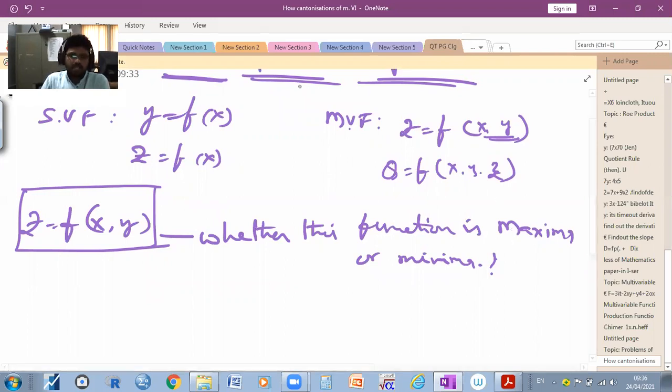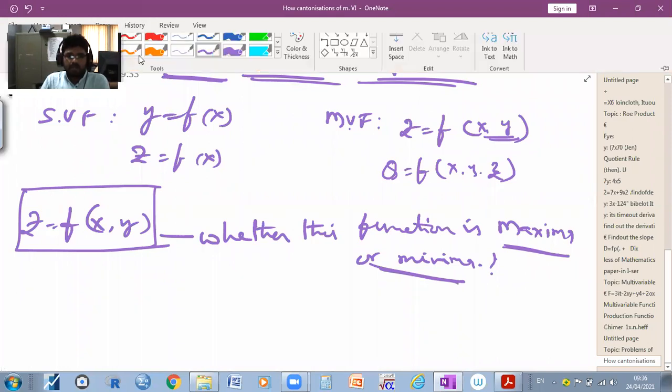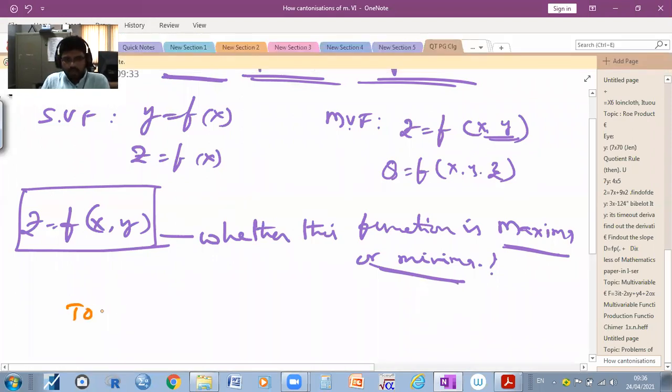How do we know whether the function is minima or maxima?